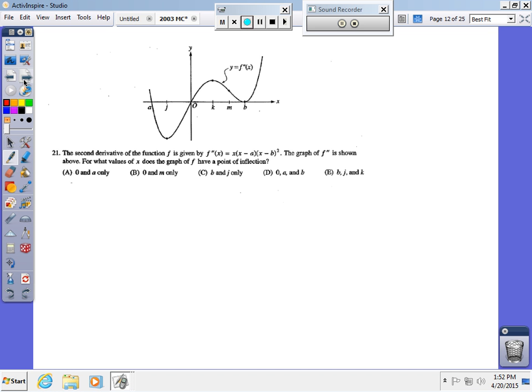So the points of inflection are going to occur at A because it goes from positive to negative, at 0 because it goes from negative to positive. Again, it's got to change directions. And then not at B because it goes from positive to positive. So the points of inflection occur at 0 and A.